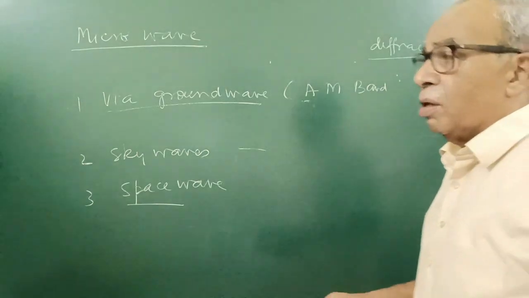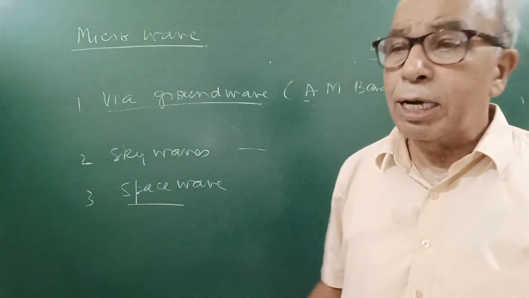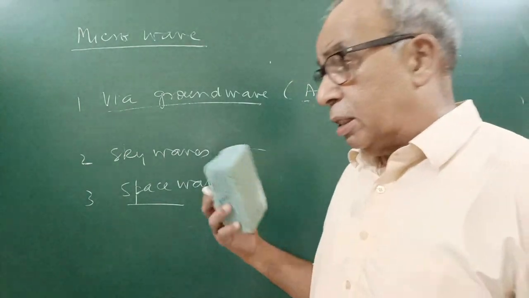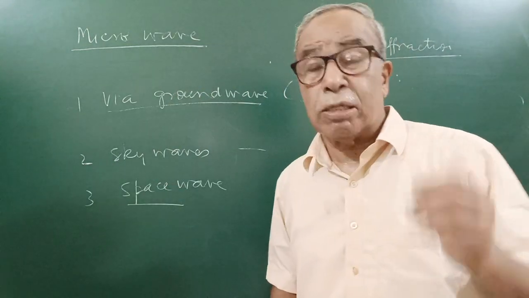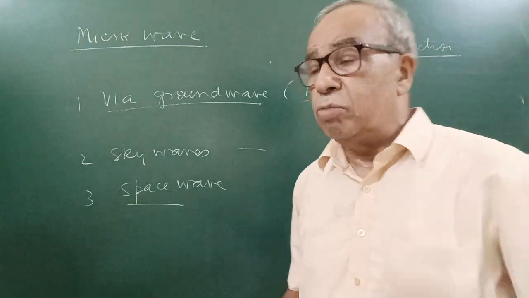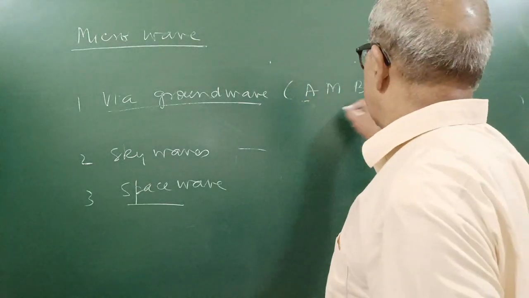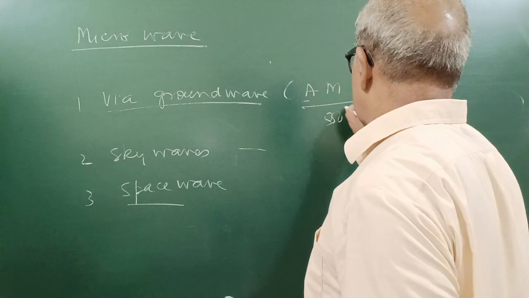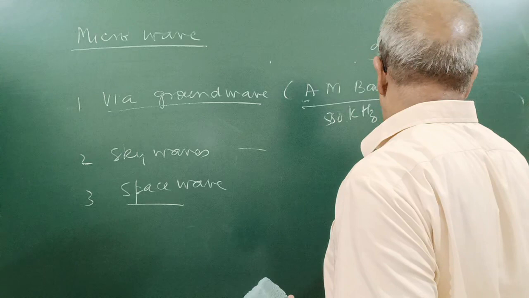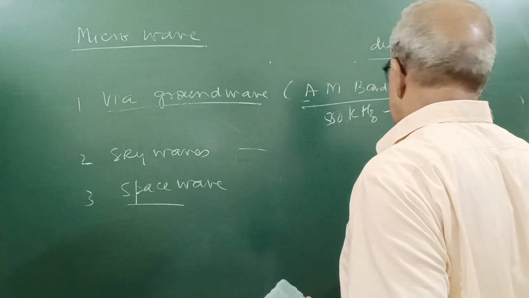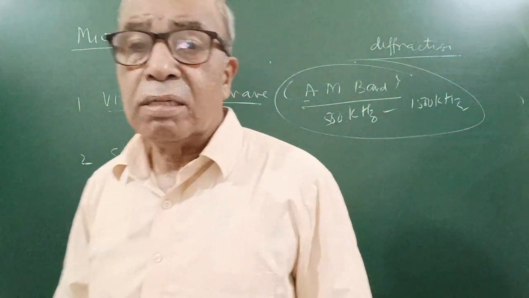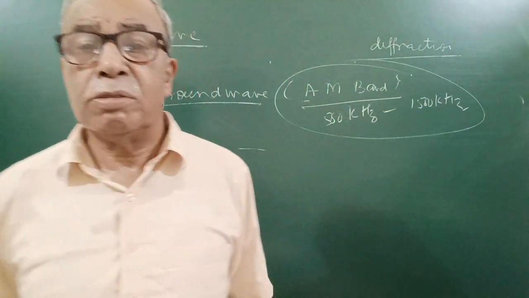Our sound wave, the signal which we want to send, is converted to an electromagnetic wave and then superimposed over a high frequency carrier wave. For this, frequencies from 500 kilohertz to 1500 kilohertz are used in the AM band. But they cannot travel long distance because their energy is absorbed by the Earth.